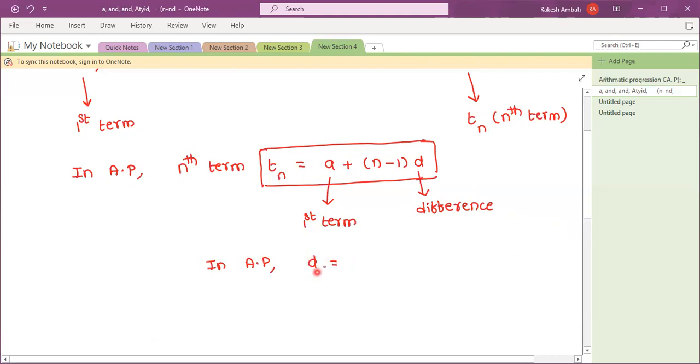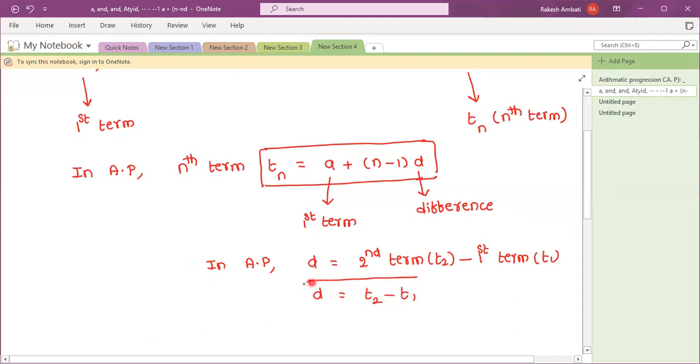The difference can be found by using the second term T2 minus the first term T1. By using this equation, we can find the d value.